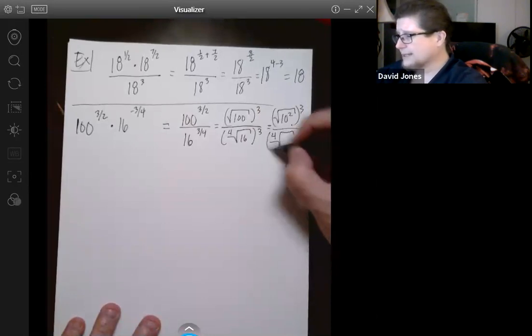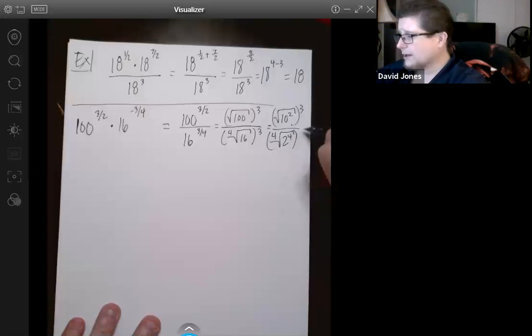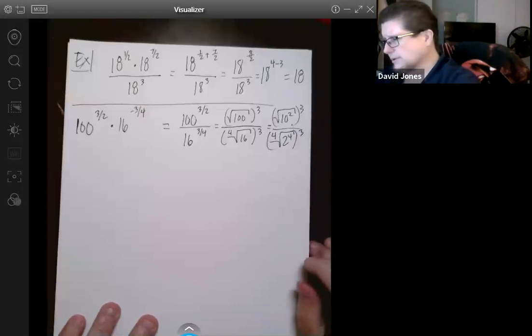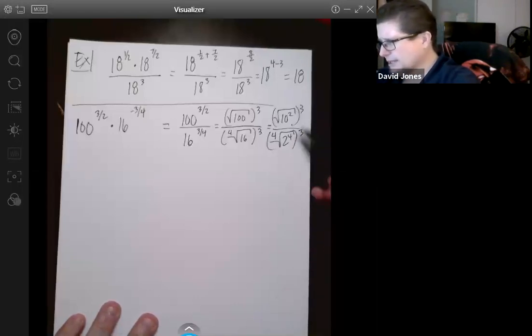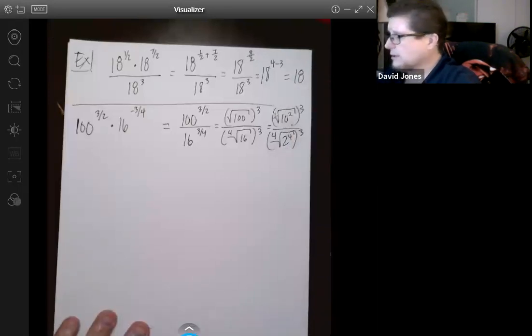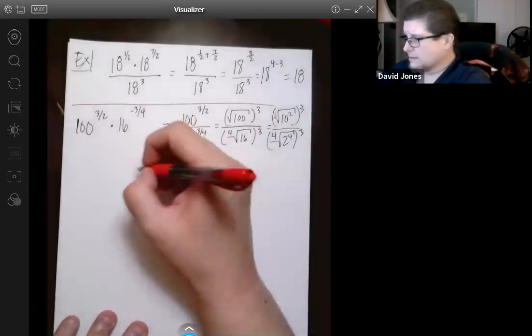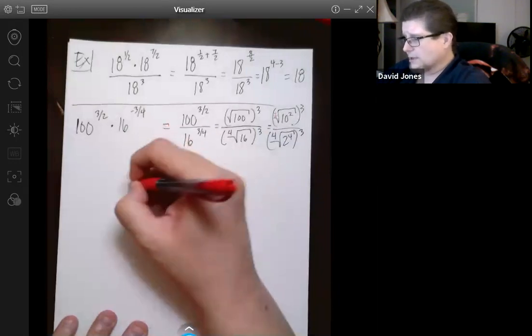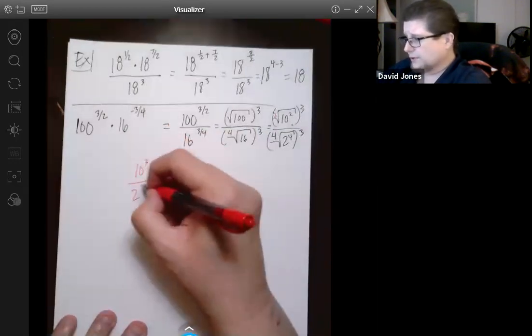If we rewrite 16, it's 2 to the fourth, cubed. And now it might be easier to see, oh, if we put the invisible index in of a 2, this ends up being 10 cubed over 2 cubed.